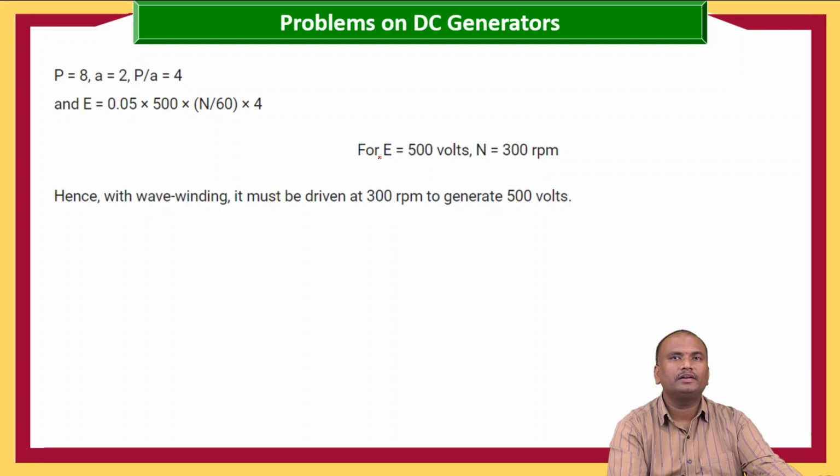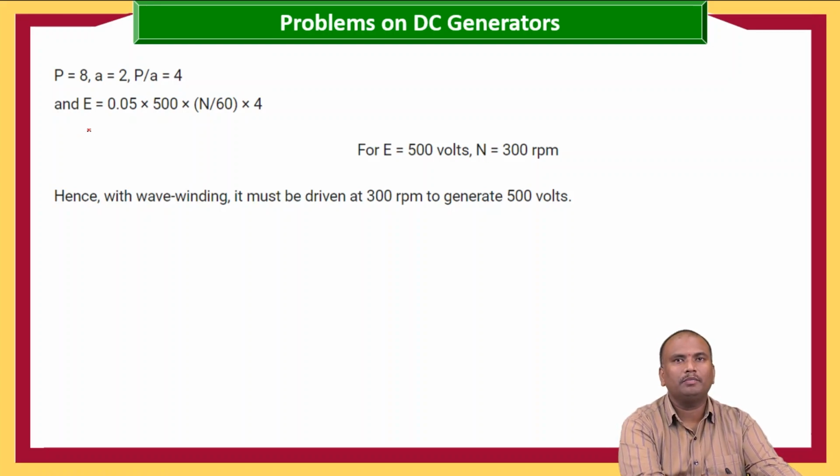So here EMF E is equal to 500, and if we want EMF as 500, it is equal to 0.05 into 500 into N by 60 into 4.